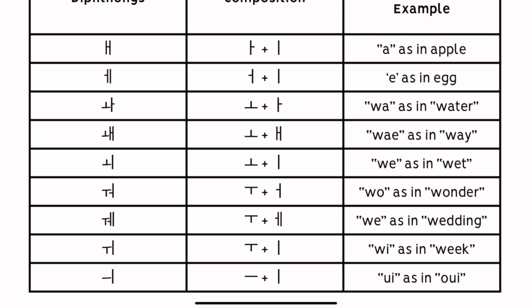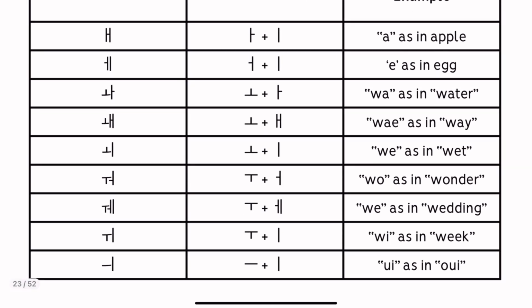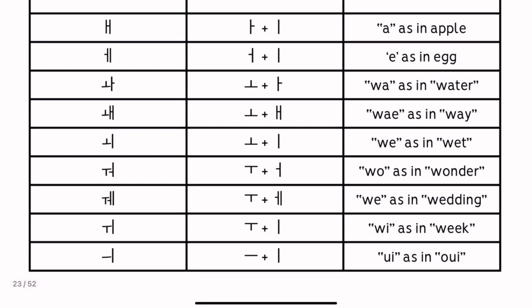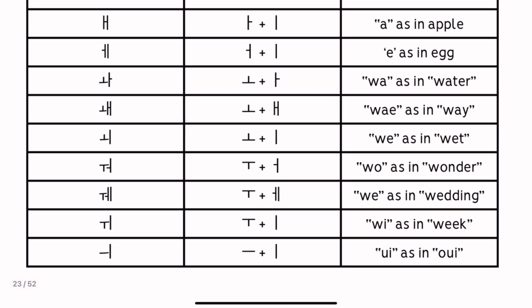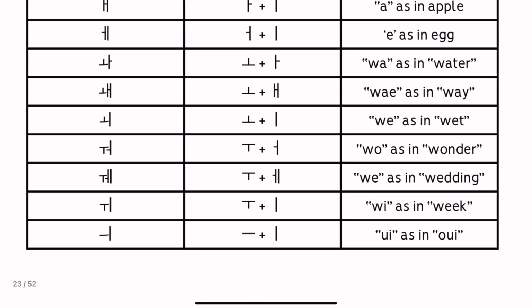When you pronounce it in succession, that's going to be wa, wa. So like wa as in water. And another one, the sound is going to be wae. The composition of this diphthong is combining o and ae sounds.